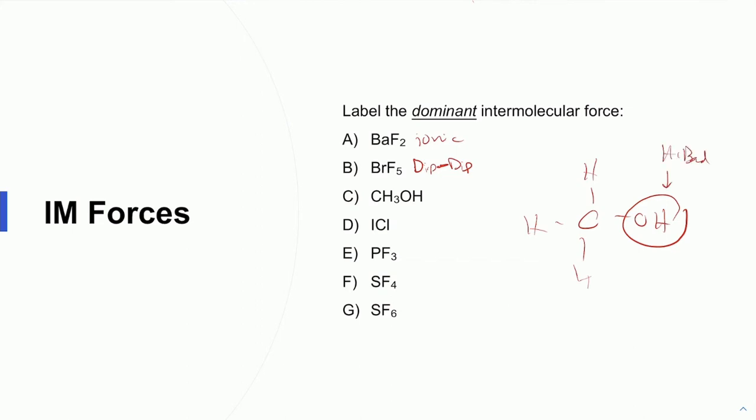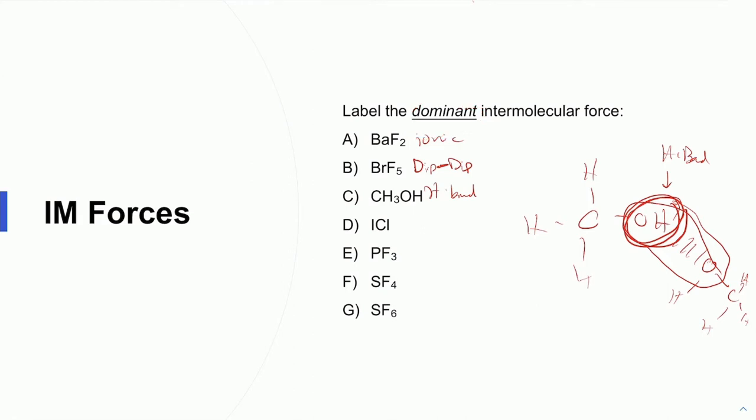That's a hydrogen bond because hydrogen is bound to O, N, or F, in this case it's just O, and it can hydrogen bond with another O from another CH3OH. Okay, so when it's interacting with itself, I'm assuming that this is the hydrogen bond right there. So I'm going to put hydrogen bond. It technically also has dipole-dipole, right? But it's not the most dominant intermolecular force. We're looking for the dominant intermolecular force.